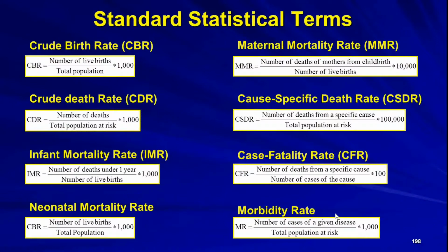Now, these are standard statistical terms, and these are terms that I really expect you to know. There's a multitude of epidemiologic statistics, okay? I'm not requiring you to know all of them.